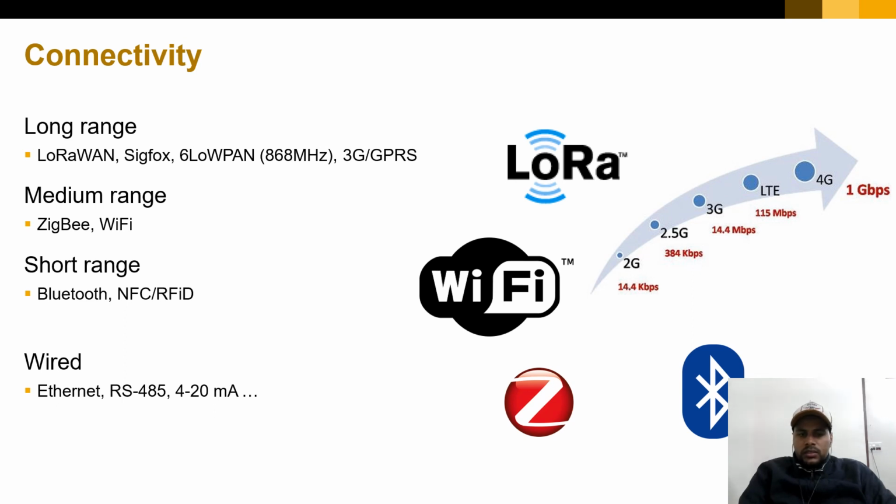The technology is Bluetooth, which you must have used. It's for short distances. When we go about one meter away, we get disconnected. So the technologies are Bluetooth, NFC, and RFID. For wired connections, the technologies used are Ethernet, RS485, 4-20 mA, etc.